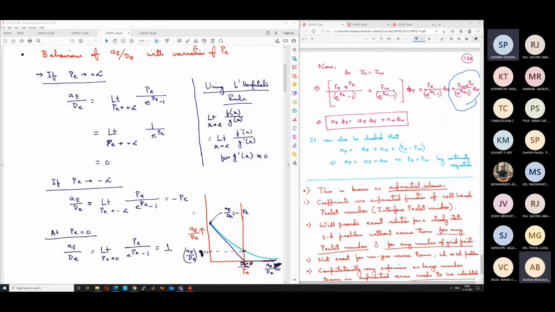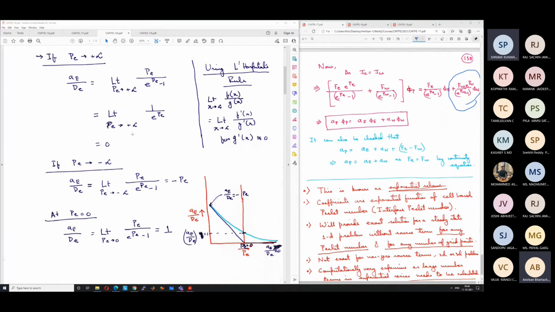So if we draw these two lines, A by D is equal to 0 for positive Peclet number, you get this line.